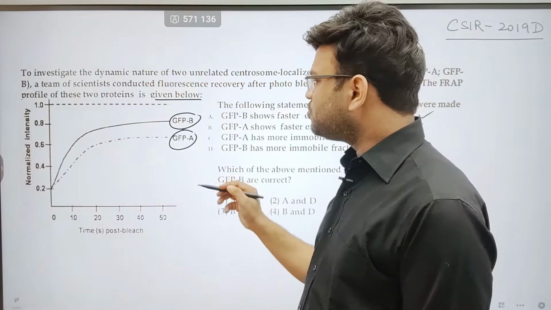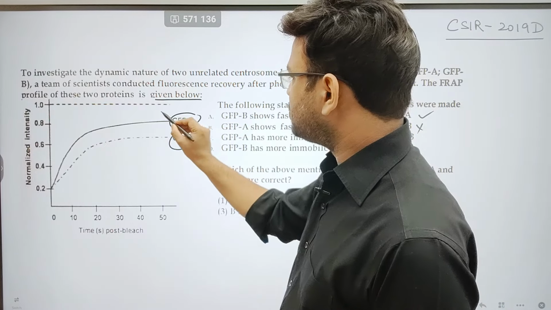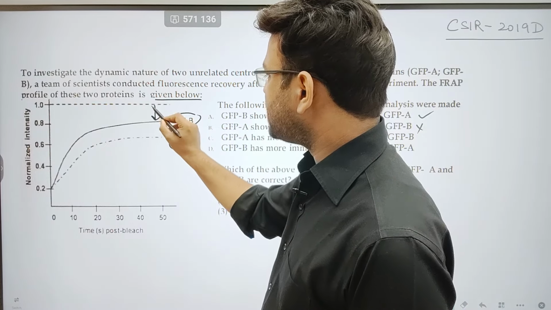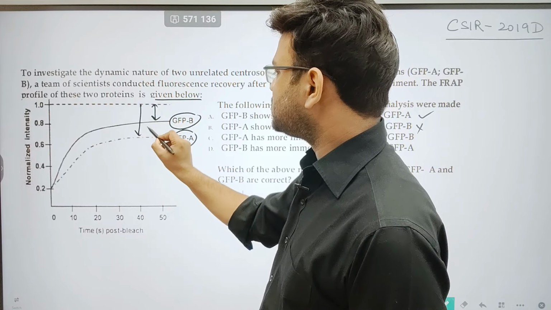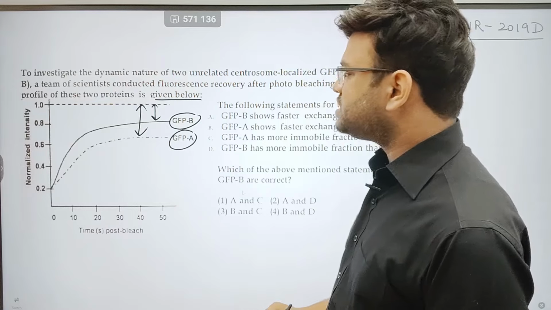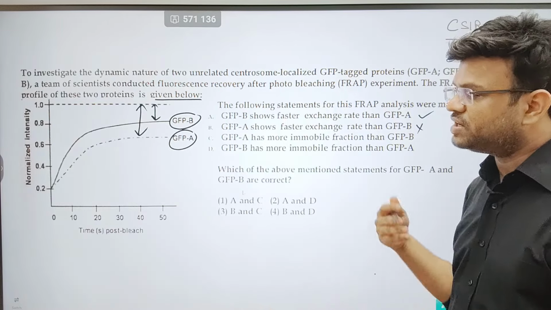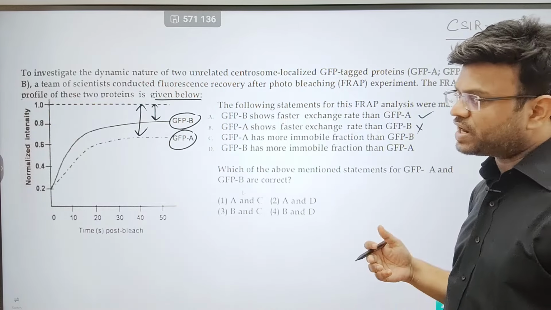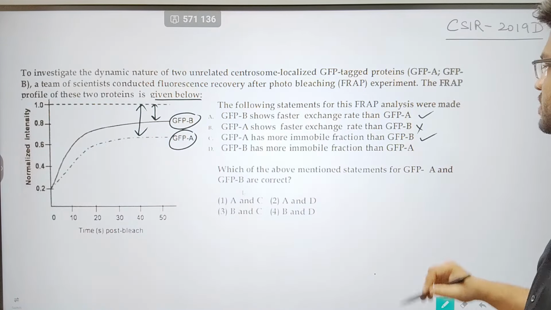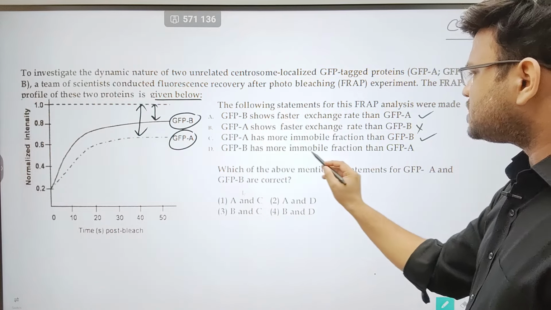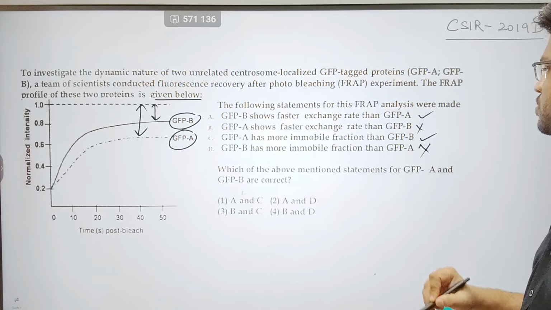Obviously, it has more immobile fraction than GFP-B, because GFP-B has only this much of immobile fraction, but GFP-A has this much. So obviously there is a difference, and GFP-A has a higher immobile fraction. This is correct. GFP-B has more immobile fraction is wrong. I just told you the reason.